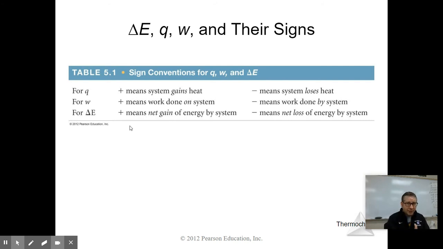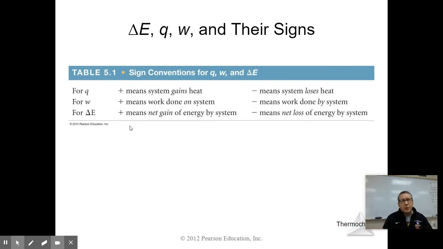For work, W, again, positive sign when work is done on the system, and negative sign when work is done by the system. It's going to take some reading of the question to really finalize what signage we're going to use for our values.